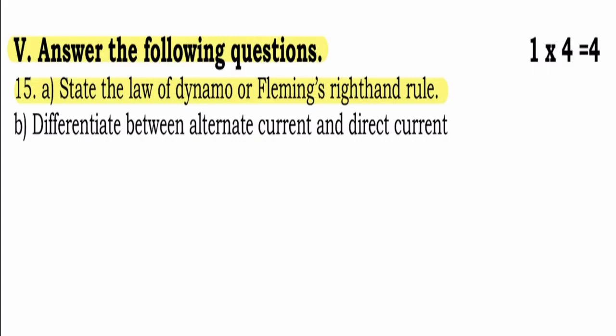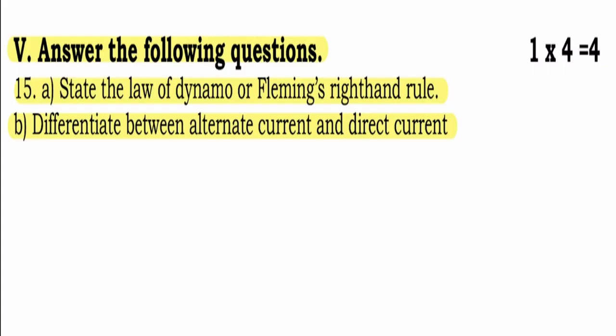Next question. B. Differentiate between alternating current and direct current. So the difference between alternating current and direct current is, alternating current periodically reverses direction and voltage alternates between positive and negative values, varying over time. Alternating current is efficient for long distance transmission due to the ease of voltage transformation with transformers.